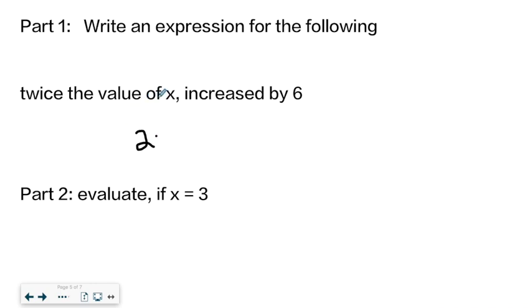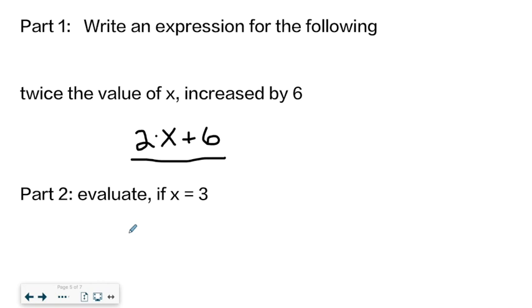So 2 times the value of x. Well, the value of x we don't know, so that's going to be our placeholder. Increased by 6. Well, increased by would signal addition. And then increased by 6, so we have a 6. Okay. So this is now what we're using for part 2.